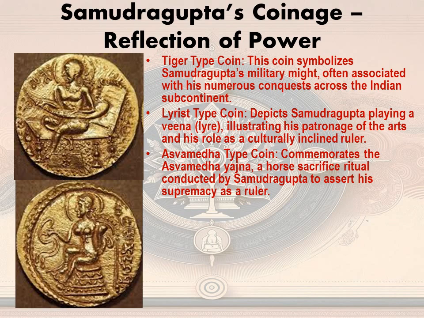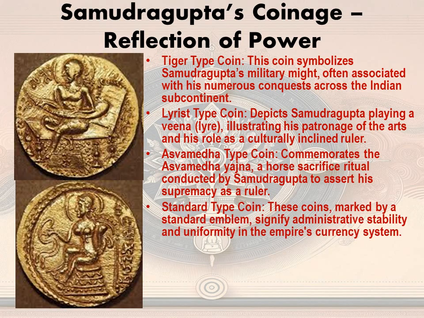The Ashwamedha type coin commemorates the Ashwamedha Yajna, a horse sacrifice ritual conducted by Samudragupta to assert his supremacy as a ruler. These coins, marked by a standard emblem, signify administrative stability and uniformity in the empire's currency system.